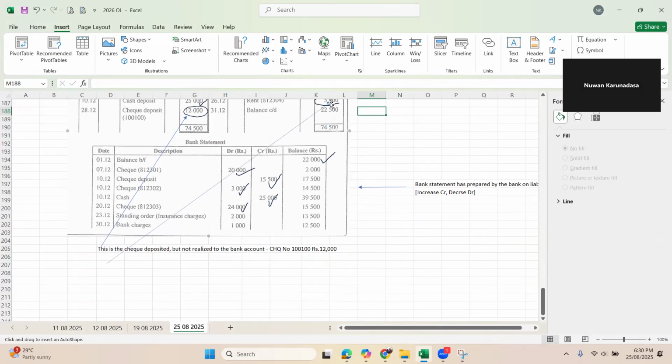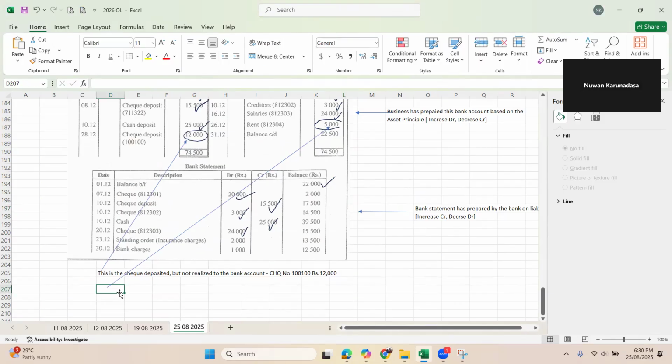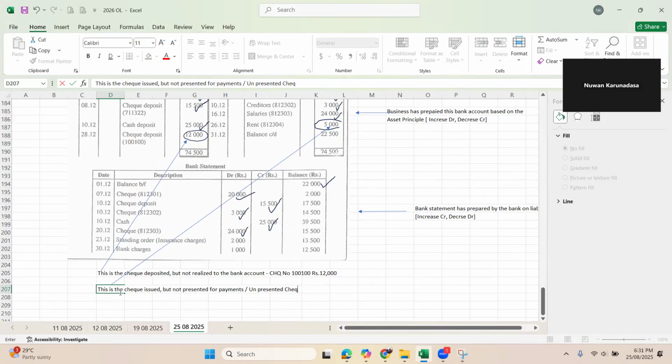So this is called a check issued but not presented for payment, or else you can say unpresented checks. If needed, you can write check number 812 304, Rs. 5,000 check.